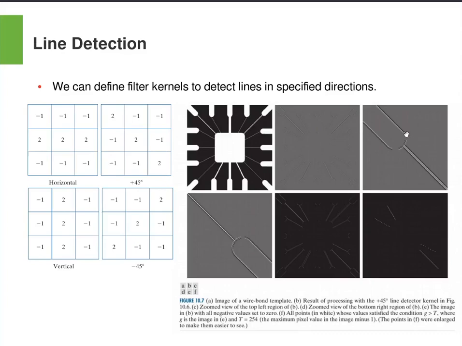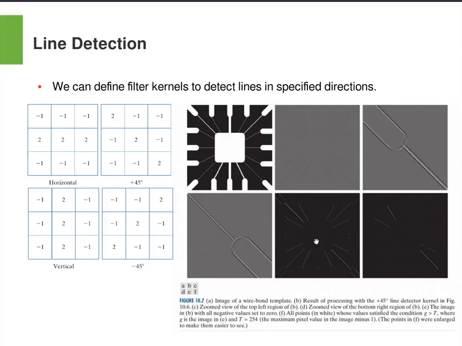Here you see a zoomed view of the result for the top left corner, and here you see the zoomed view for the bottom right corner of the image. Now we can apply a threshold to this image, and this is the result that we get.